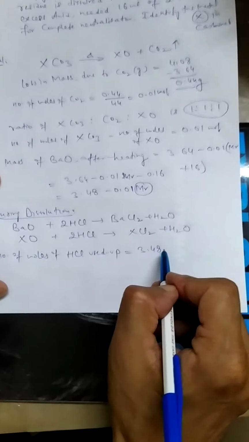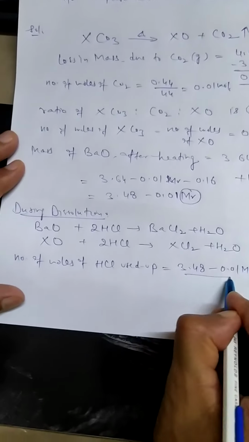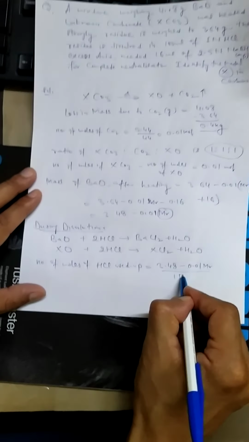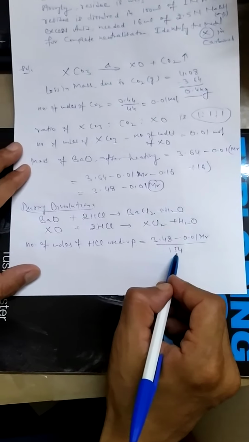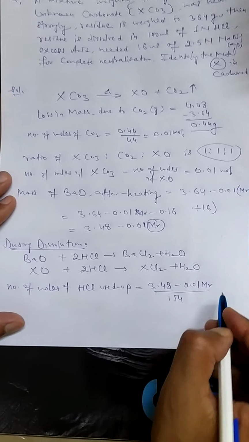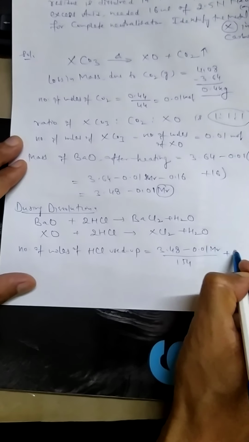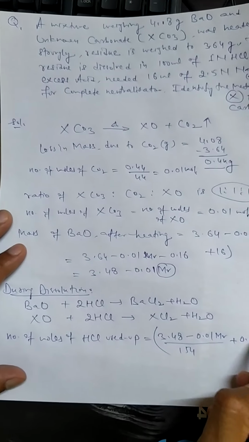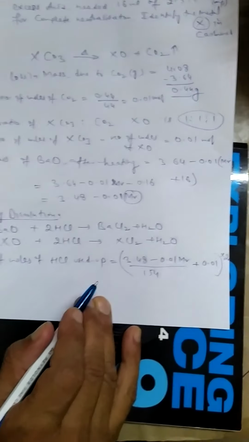3.48. As we have already written 0.01 Mr upon 154. So that is the mass divided by the molecular mass of it. So that will give you the number of moles, plus the number of moles already left is 0.01, and because we are using it in two reactions, so the whole has to be multiplied by 2.